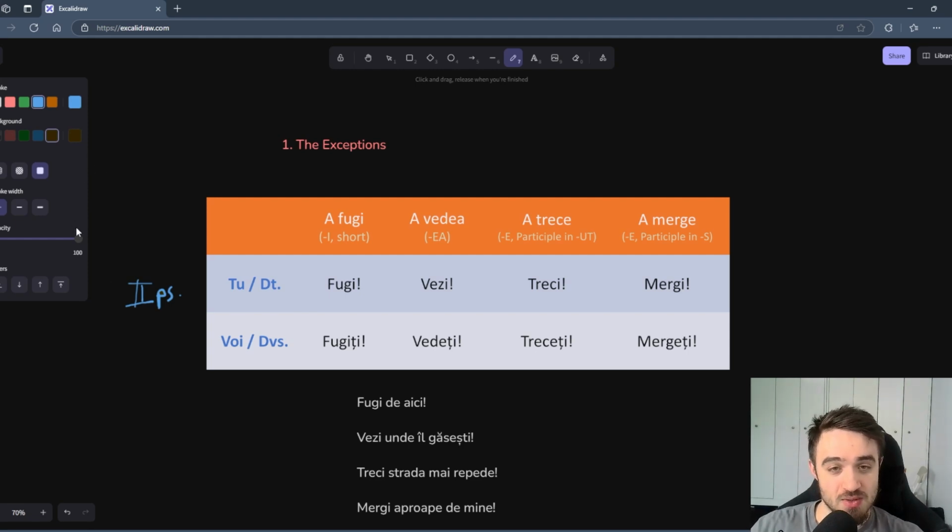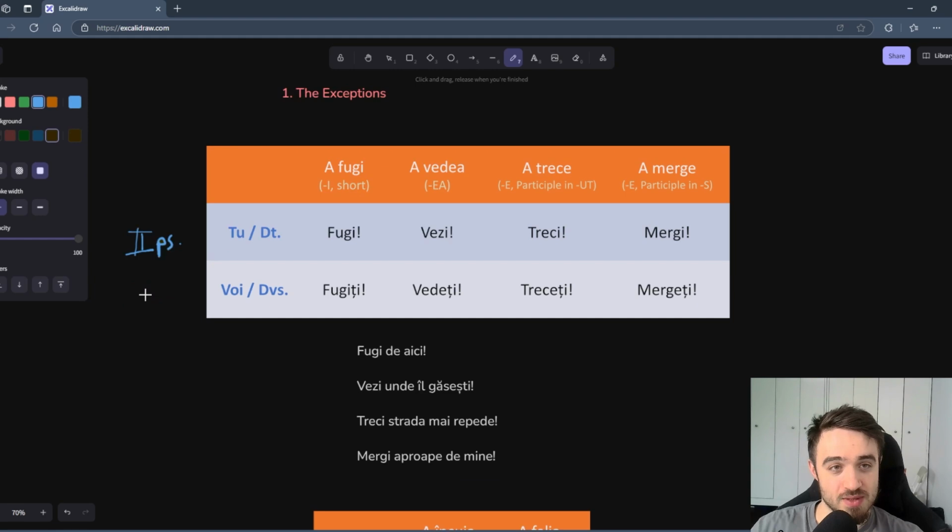Right, so let's go back here. We have the second person singular. For these, you just say fugi, and vezi, and treci, and mergi. So very, very similar, it's the same as the present tense. This is what we mean.